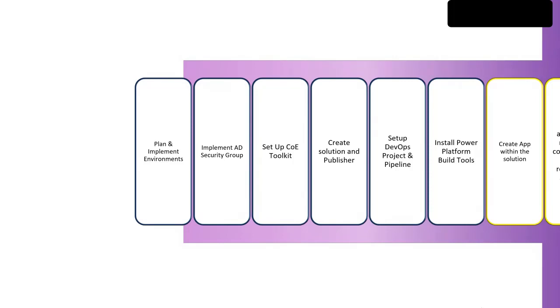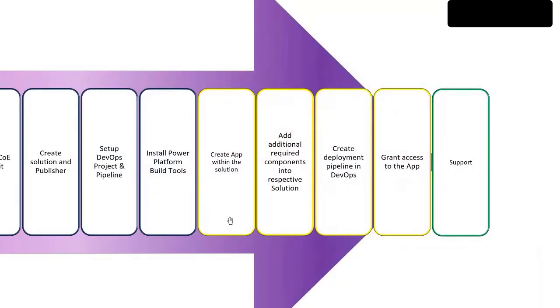Again, this assists in the whole automation of the solution pushing from dev to production. Then next, you create the app within the solution. The first 6 steps here are like a one-time setup. Once you have the solution and the publisher, you create the app and put the app into the solution, or you can create a flow as well and put the flow into the solution.